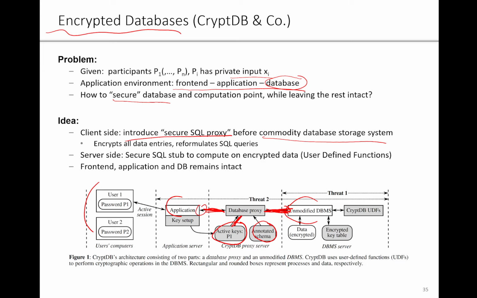So every data that is stored has to go through the proxy, and it's encrypted, and every query that the user has here, so let's say the application wants to compute something and it wants to get the subset of the entries with a common match. So then the proxy can basically perform the computation.